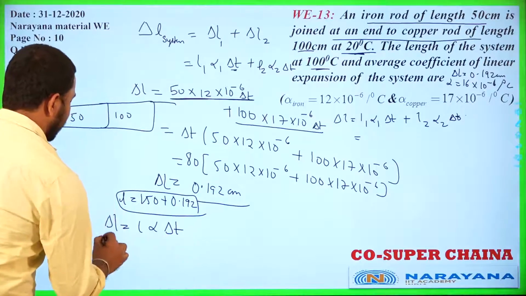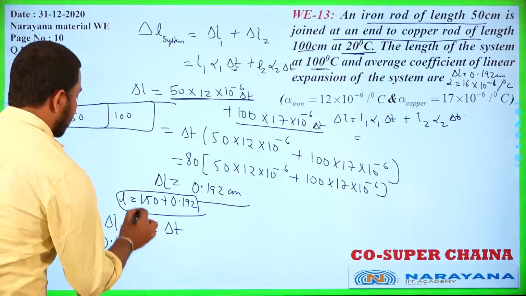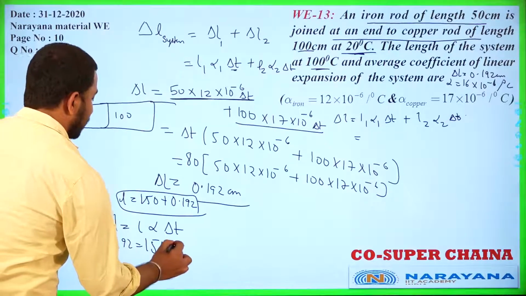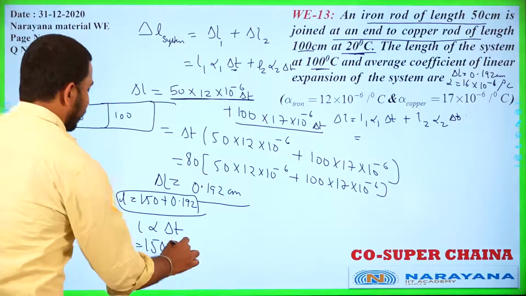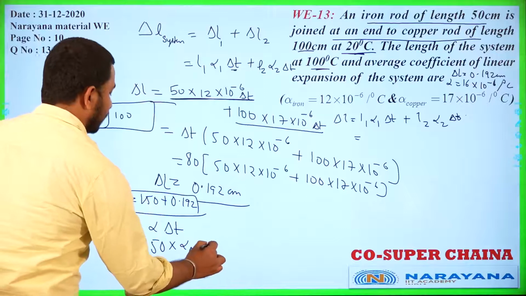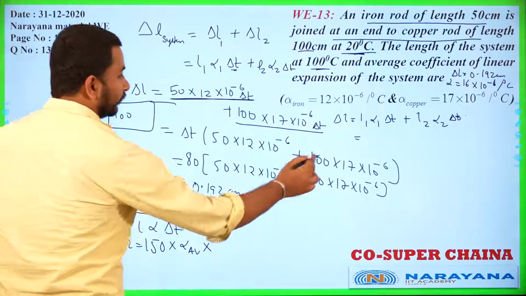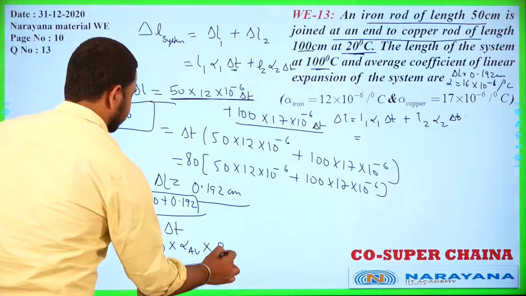Delta L I already got 0.192, L I now have 150, alpha is the average alpha that I have to calculate, and delta T is 80.